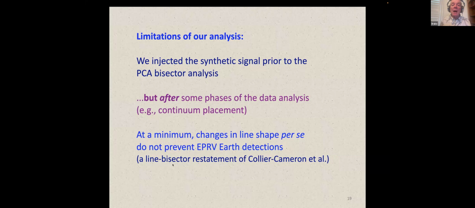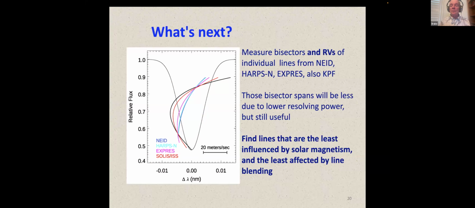This is just a line bisector restatement of what Andrew Collier-Cameron and Eric Ford and their collaborators concluded based on the cross-correlation function in 2021. We've come to the same conclusion using line bisectors.